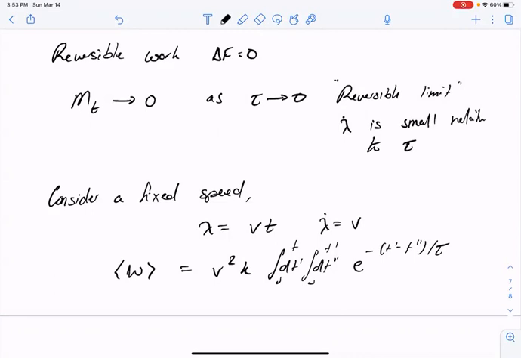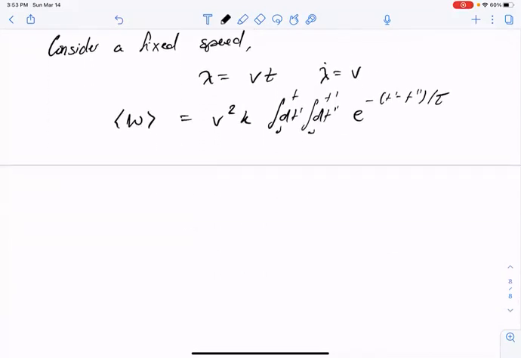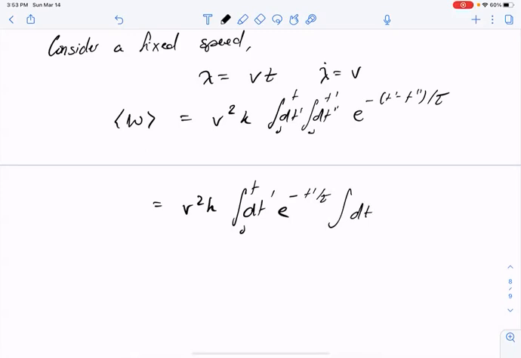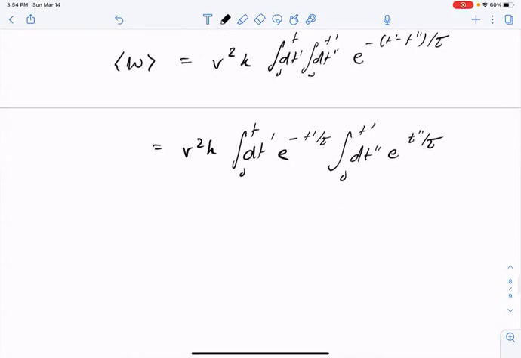Can we do that integral? Let's go ahead and do that integral. So the first integral, let's pull the e to the minus t prime over tau inside. That's a simple integral to do.